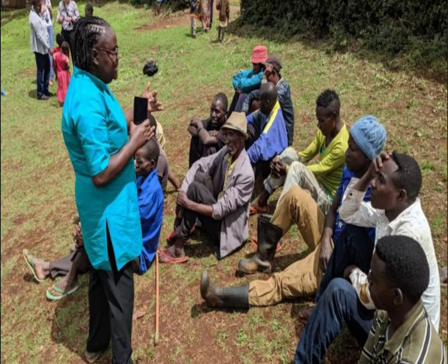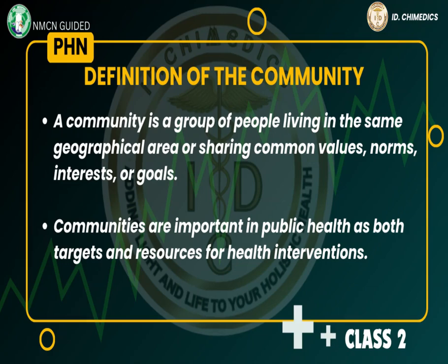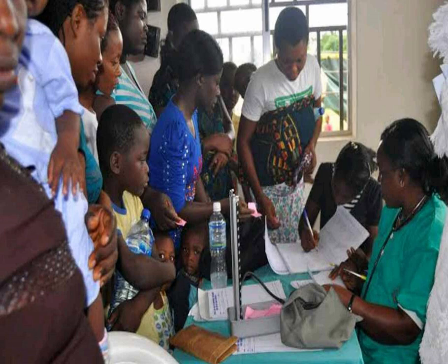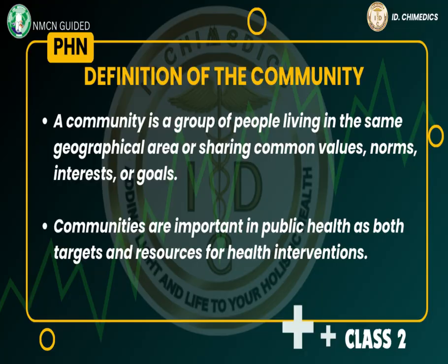So we view a community as a target and even a resource for health intervention in public health. It plays a very vital role in promoting health and even preventing diseases, just as we said in class 1.